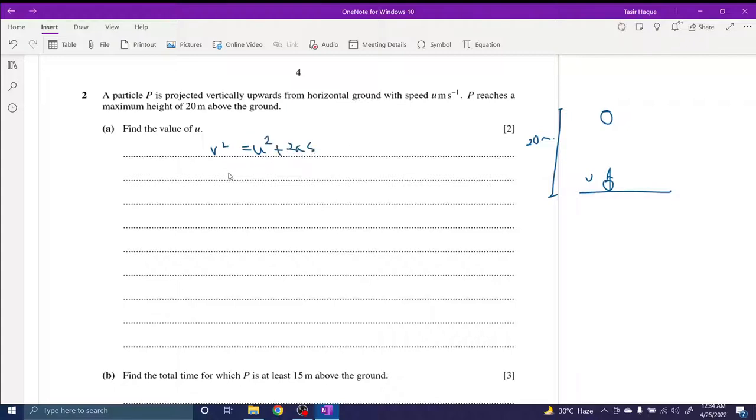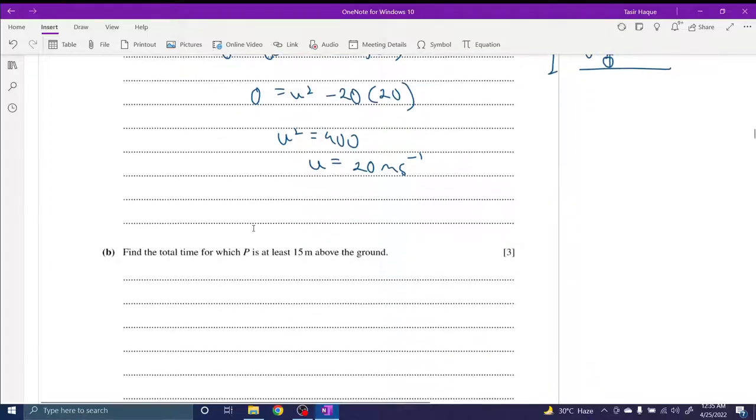Because I know that the final velocity is 0, and the acceleration is going to be minus 10, by the way. So 0 is equal to u squared plus 2 into minus 10 into s, so 0 is equal to u squared minus 20s. The value of s is 20, since it's a height of 20. u squared is equal to 400. So u is equal to 20 meters per second.